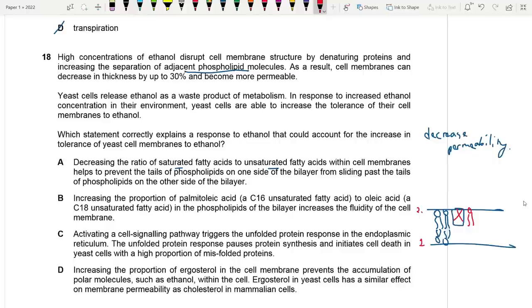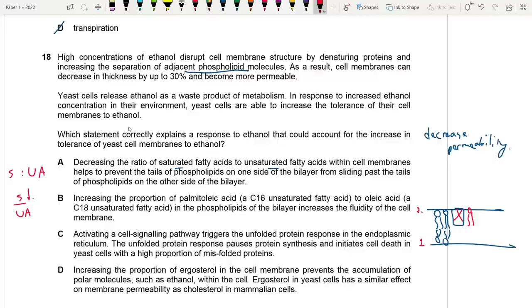This response, by decreasing the ratio of saturated to unsaturated, if you decrease this ratio, the number of unsaturated fatty acids increases basically. It does increase fluidity, right?